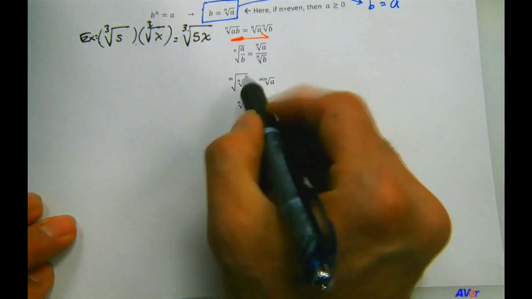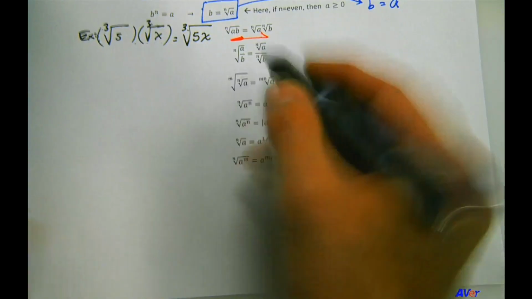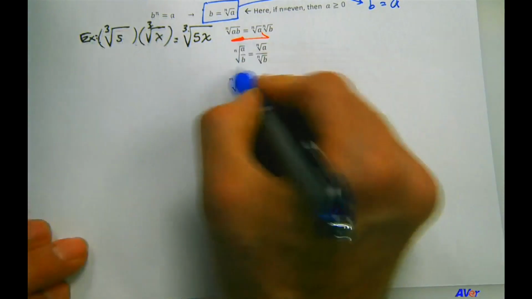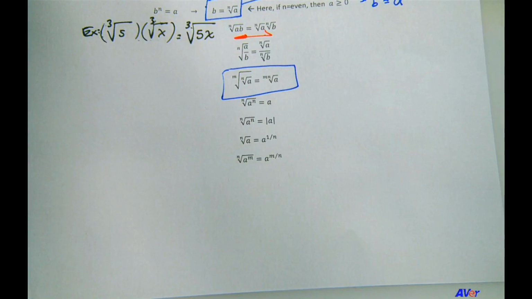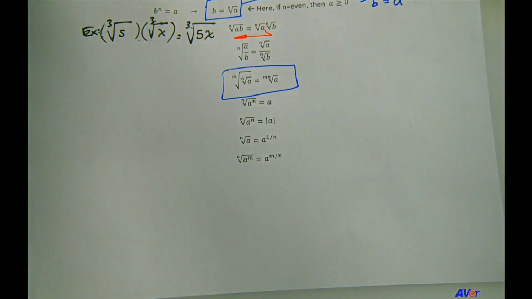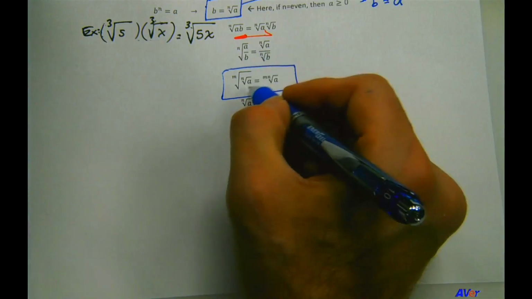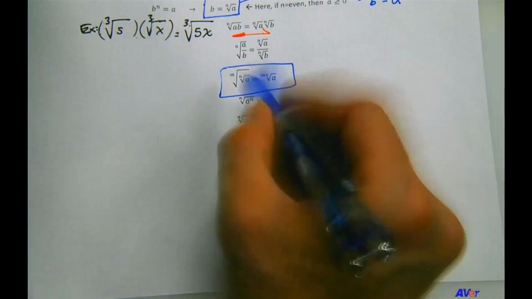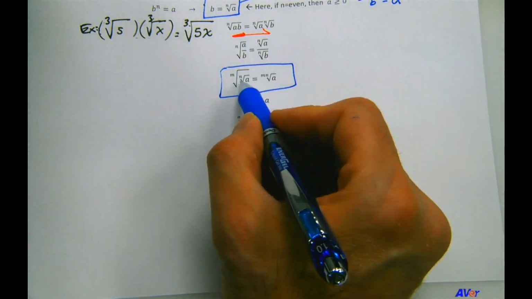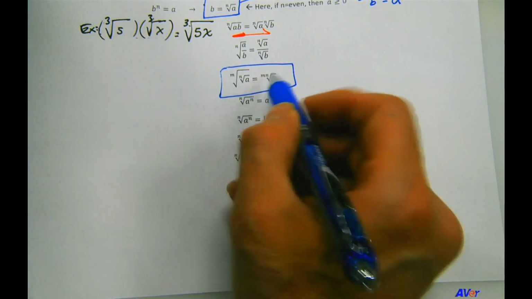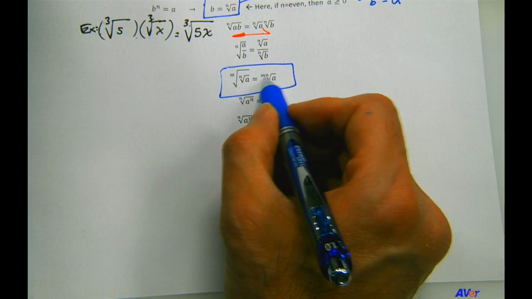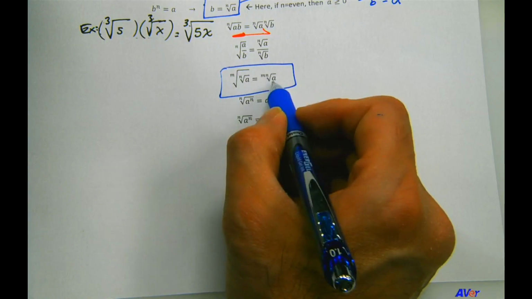If you have this kind of expression, in fact, when I was preparing my lecture for the trigonometry class, pre-calculus 2, there was an example like that. So you can easily then multiply the indices to obtain the index of the resultant radical expression.